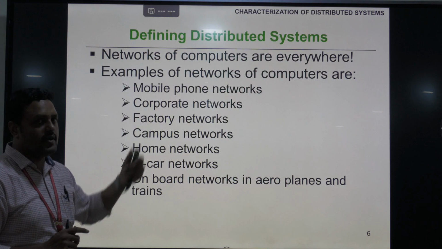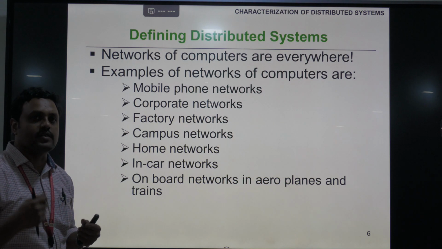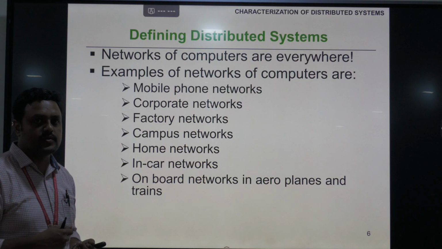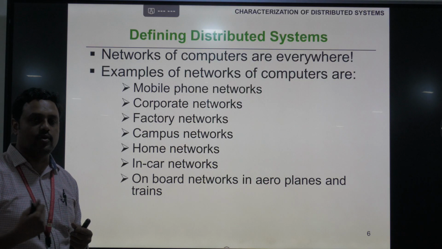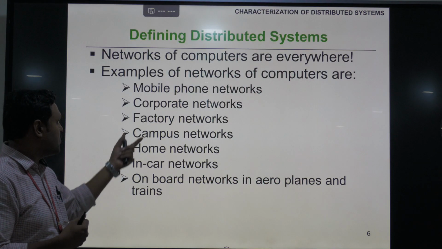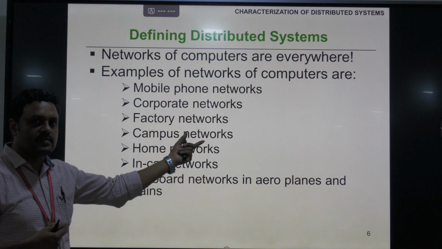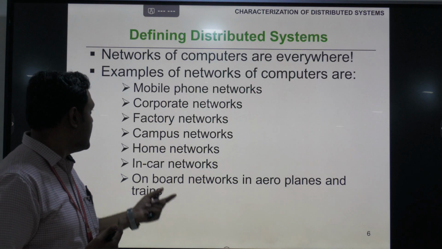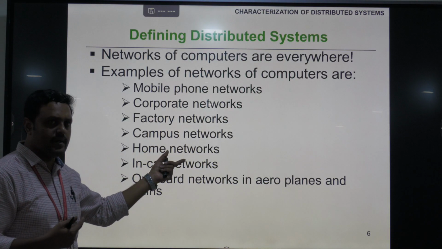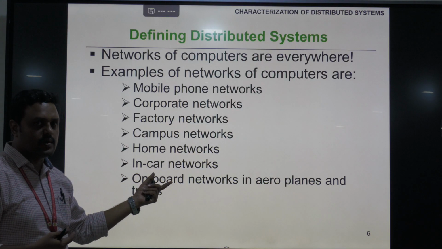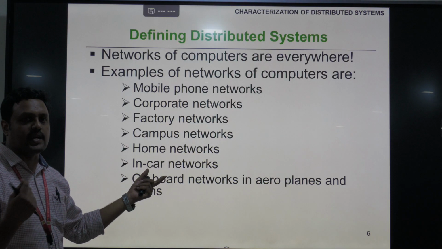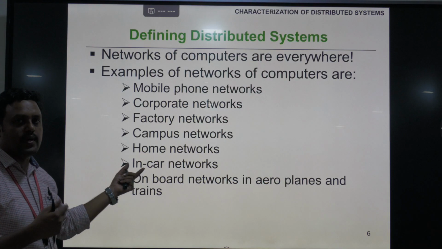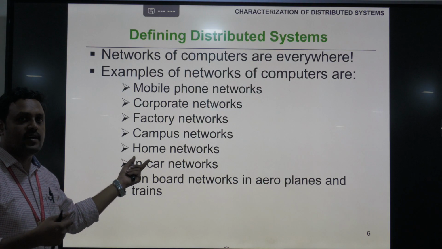Corporate networks, the networks used by corporates, and factory networks. Whatever networks are used in factories are called factory networks. Campus networks: in college we also have networks, right? All those can be called campus networks. Home networks and in-car networks. If there is any network connectivity within the car, it is called an in-car network. In hi-fi cars, we see in-car networks.